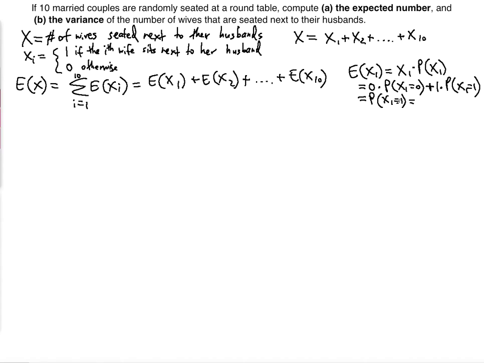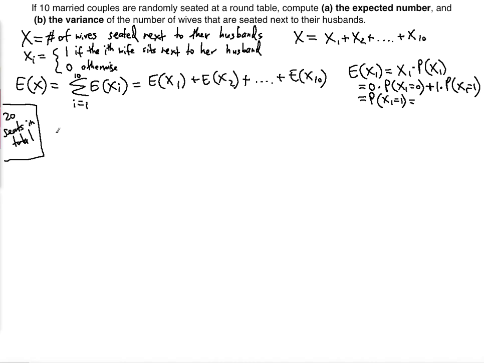Right? We know that her husband takes 1 seat out of the seats because there are 10 married couples. Right? There are 20 seats in total. So I'm gonna write that, 20 seats in total. The husband takes 1 seat. What is the probability of his wife sitting next to him?